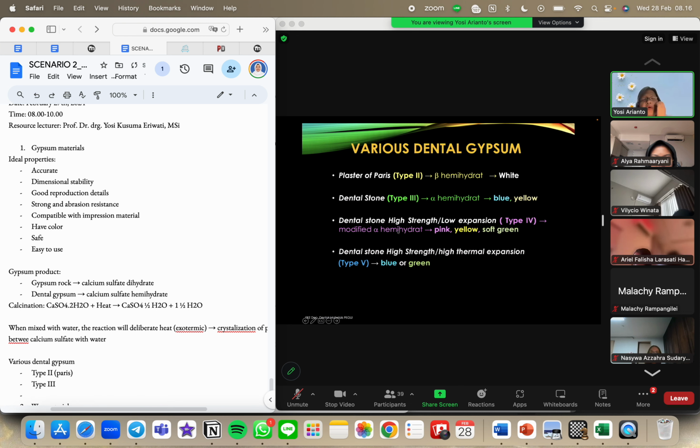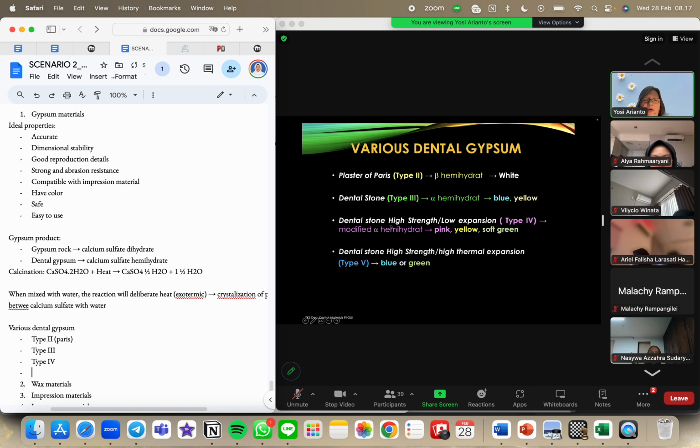And then we have also the dental stones like type 3, but they have more strength. So high strength but low expansion. This is the type 4. This is a modified alpha hemihydrate. The color is usually pink, yellow, or soft green.